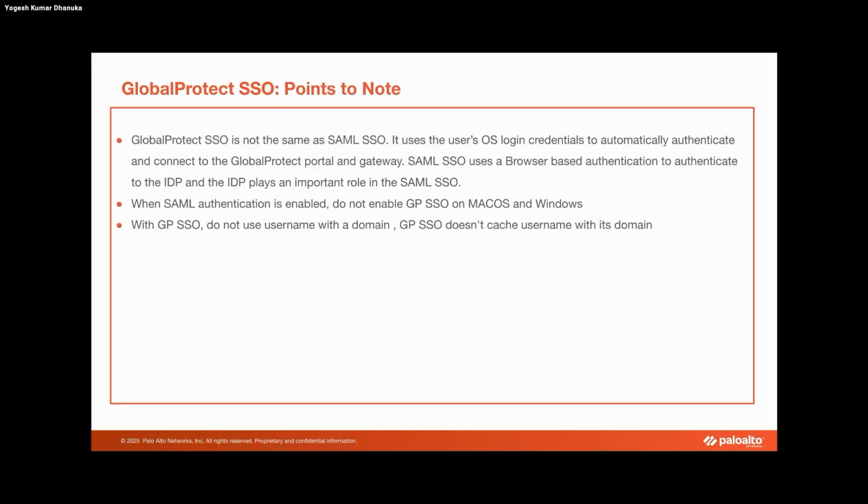So we already discussed SAML SSO and GP SSO are two different things. There can be a confusion between SSO of IDP and then SSO of GP. As we discussed, when you're using a default browser, your browser has cache and it can have IDP cookies.